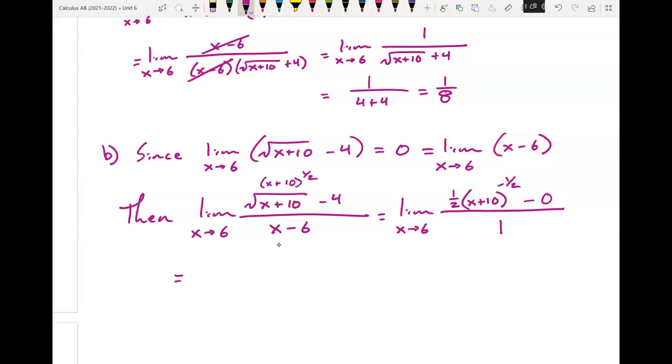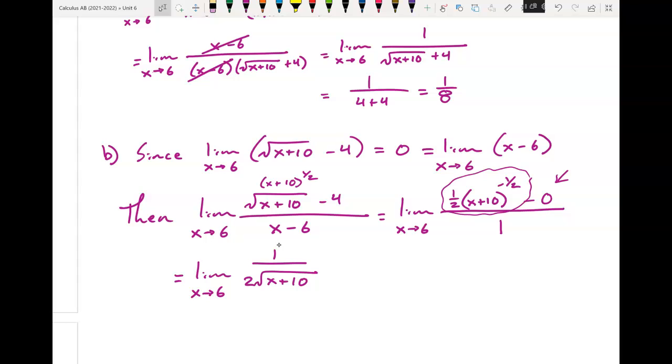So really, this is just the limit as x approaches 6. So I guess I am going to simplify it a little bit. Because this one, I have now a negative power. The 0, that's gone. It's over 1. So all we're really left with is this that I'm circling. And since the x plus 10 is in the denominator, 2 is in the denominator, I have just 1 over 2. 1/2 power is a square root, so that's the square root of x plus 10.